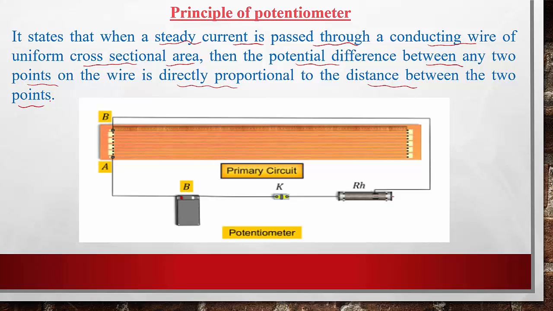What does it mean? When you consider a steady current passing through a conducting wire, and that wire has a uniform cross-sectional area.